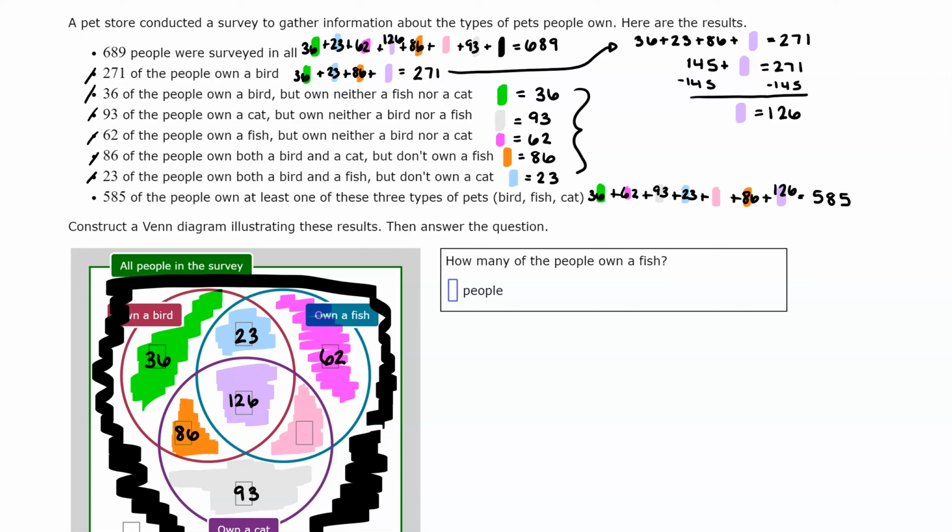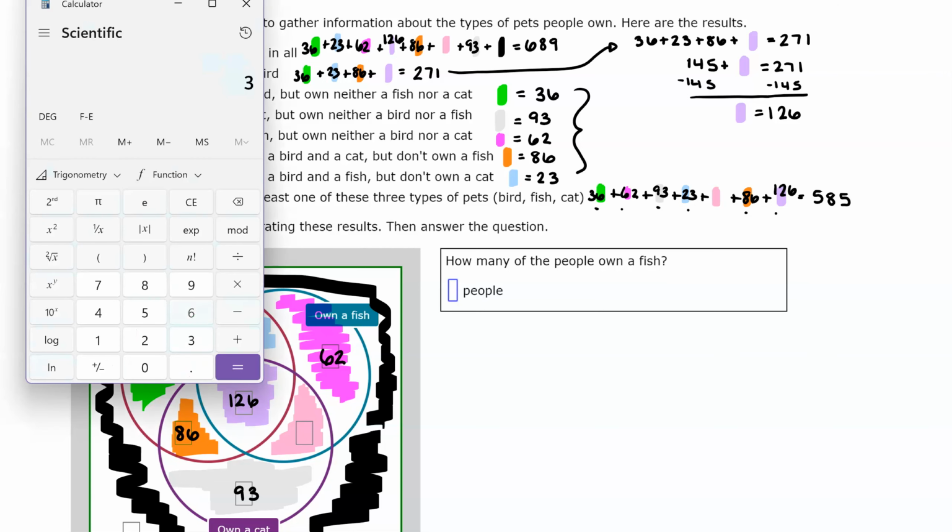And the bottom equation here, hey, that's only missing one thing, pink. So what I know is if I add all of these rooms together in this equation and pink, it should make 585. So in my calculator, I'm going to add 36 plus 62 plus 93 plus 23 plus 86 plus 126. So that's 426.